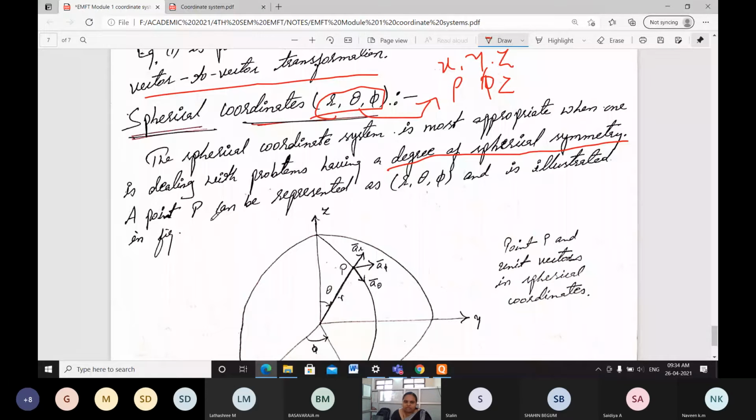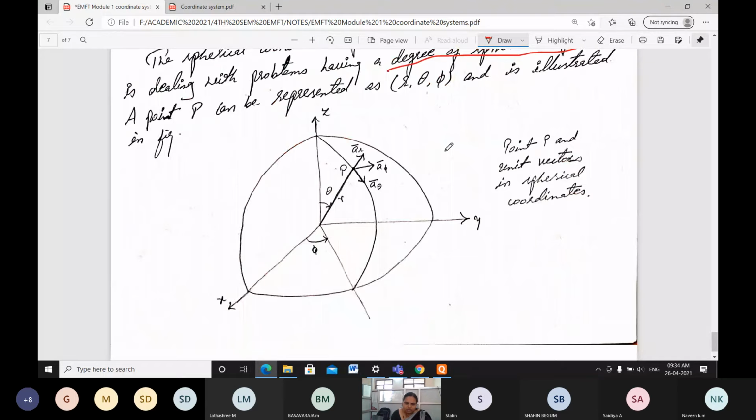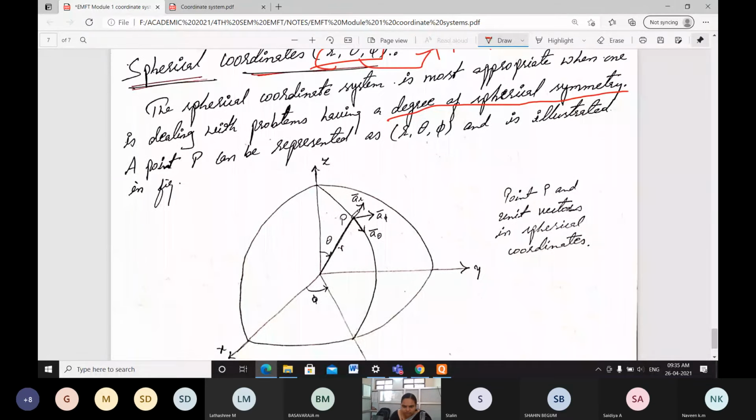Then a point P can be represented as r, theta, phi. How it is shown here, observe here. This is our spherical coordinate system. The point P is located here. This is our phi, same as in our cylindrical coordinate system. This is your x, y, z, three-dimensional way.